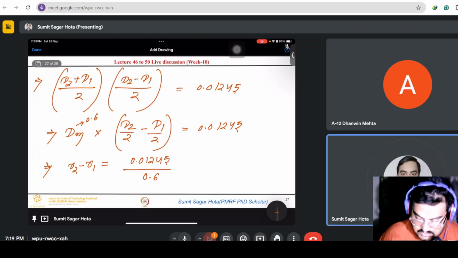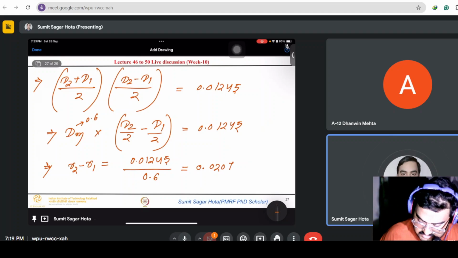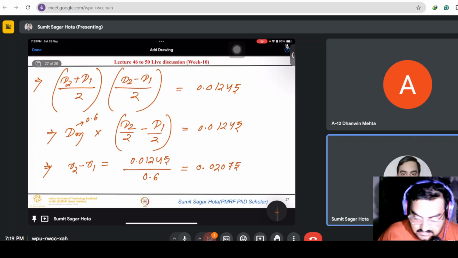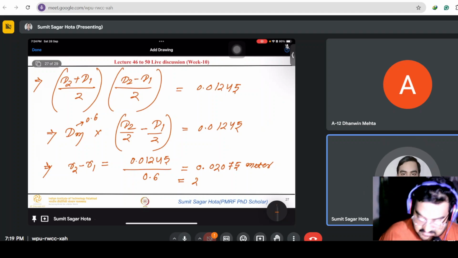So what is this value? 0.02075 meter, or you can write it in mm, 20.75 mm. And this is your height of the blade.